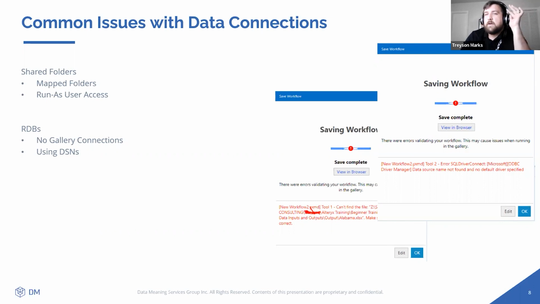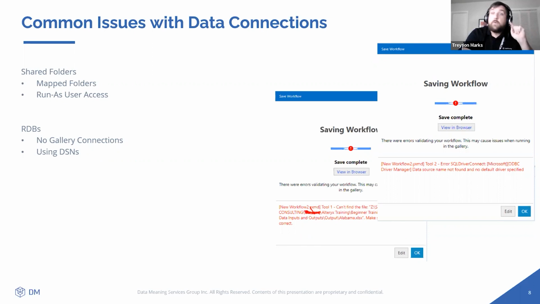But we also need to start thinking about access to shared folders, right? BJ asked earlier, if I create my macro repository in some shared folder, can it reach out to that shared drive to grab those dependencies?